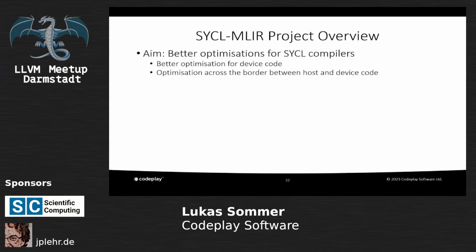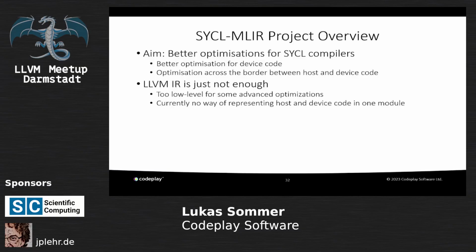Because MLIR gives us a powerful tool to represent some of the things in the device code, we can better optimize them because we can better understand them, and we don't need to try to retrieve as much semantics from LLVM as before, because we now have a higher level representation. I'm going to show you an example of that in a minute. And the other thing we want to do is optimize across the border between host and device. So we know something about the host, we know something about the device, and we want to use that to optimize across that border.